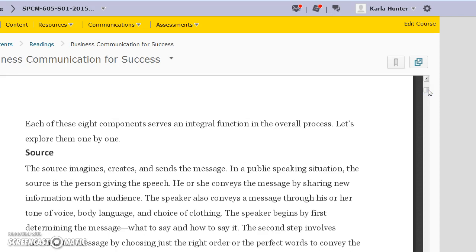You'll recognize the SMCR model by Shannon and Weaver, sender, message, channel, receiver model from 1949, where they modeled how communication occurred over the radio, and then the communication discipline took that and said, hey, that's kind of what happens face to face, and anywhere there's a source or a sender, there's a channel or a medium through which communication occurs, and then there is a message and there's a receiver.